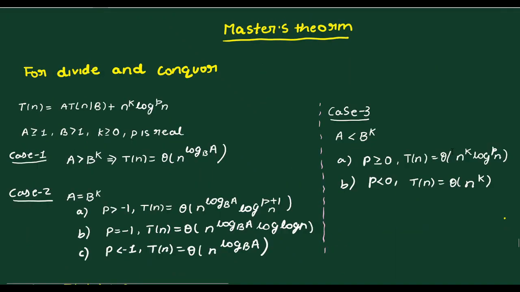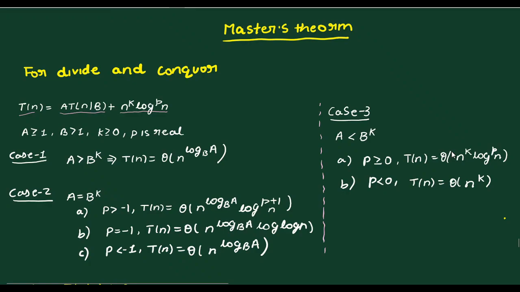So if the last two methods were a bit difficult for you to follow, what we have in the third method is the Master's theorem. And the Master's theorem is basically a formula that you can apply given a problem. The only problem with Master's theorem is that your question must be in the form of T of n equals a times T of n by b plus n power k log raised to the power p of n.